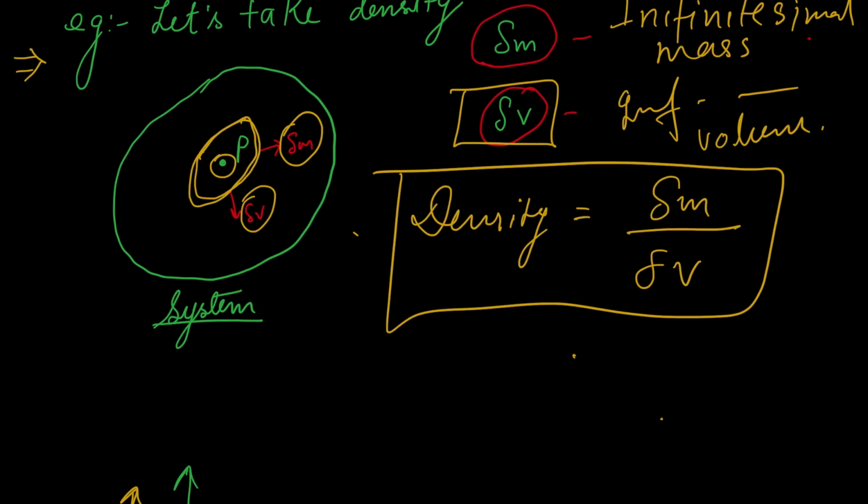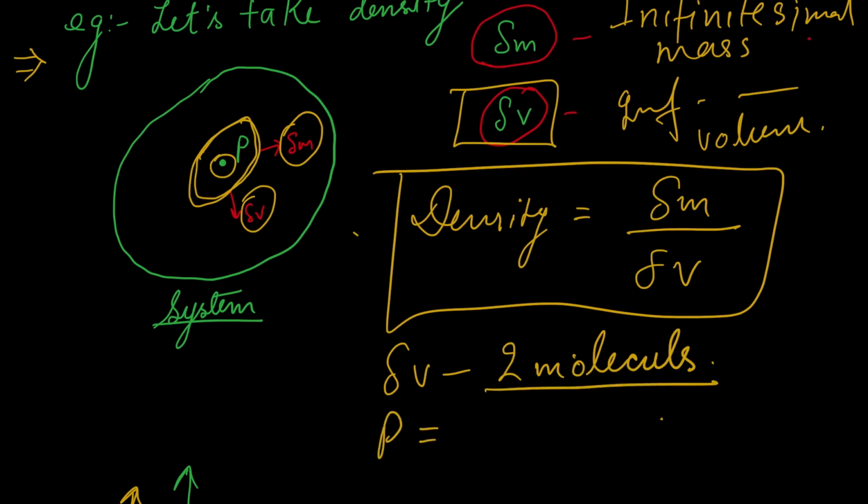So if we have a very small system, let's say I have this delta V, and delta V is such that there are two molecules in it. If I take the density now, the density will be the mass of these two molecules, which could be, let's say, delta M1 plus delta M2 divided by the volume, delta V. So this will be the density.